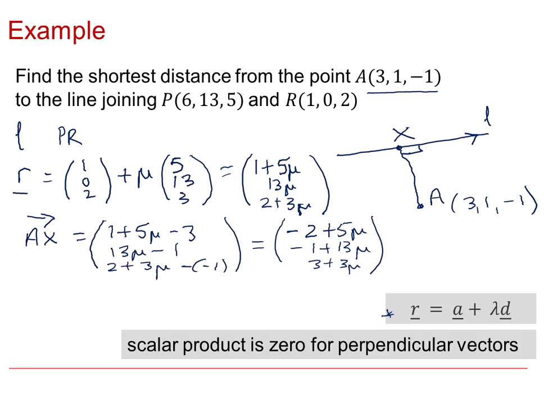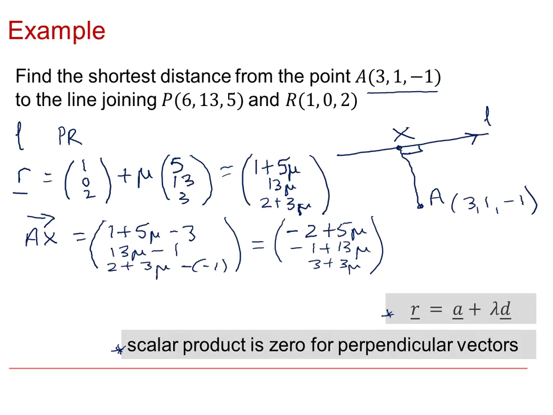So how do we choose the value of mu which will fix X to make sure that AX is perpendicular to L? Well, we're going to use this useful idea that the scalar product is 0 for two perpendicular vectors. Right, do we know the direction of the line?